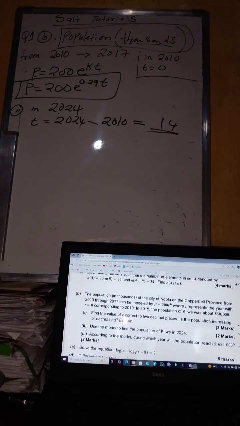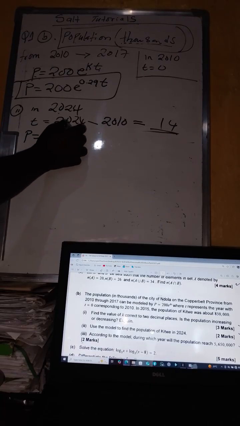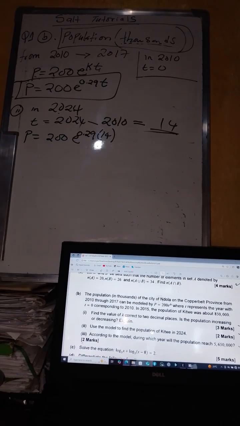Then let's find the population now. So we are going to have P is equal to 200 multiplied by e power 0.29 multiplied by t, which is 14. So we'll start by multiplying the power first.